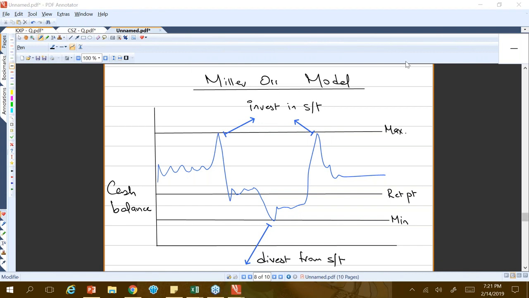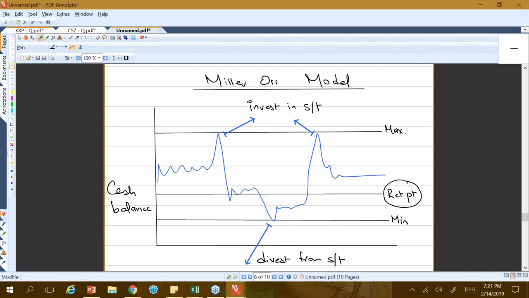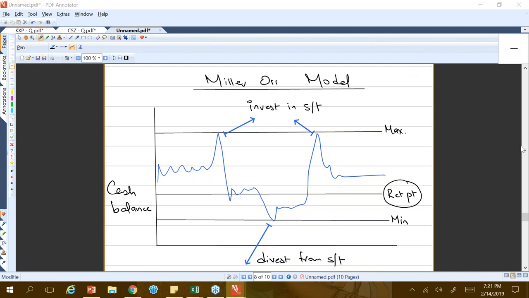Because the senior management sets these limits so that the staff know what they have to do and when. So whenever the cash hits the maximum limit, invest. Whenever the cash hits the minimum limit, divest, take the money out of the markets and put it back into the bank account. The return point is like a safety point, which they must try to maintain.